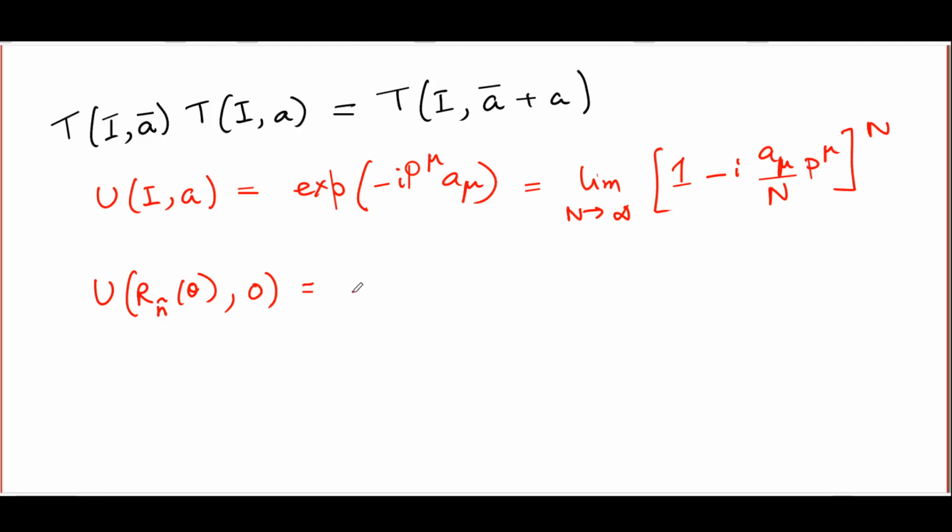And using exactly the same kind of arguments, you will land up with this rather familiar form for the unitary operator corresponding to this rotation. So these are the two special cases which are going to come in very handy when we talk about the action of Poincare group elements on states in the Hilbert space, something we will do pretty soon.